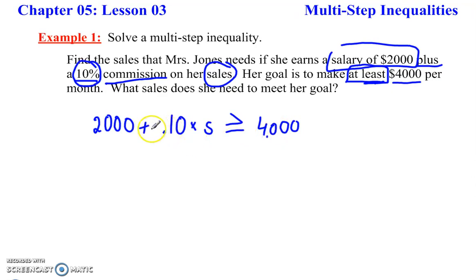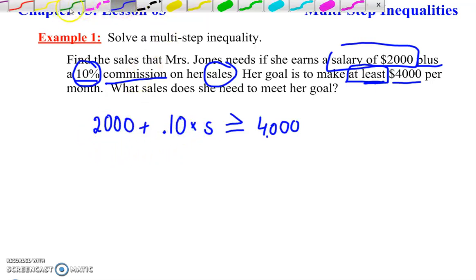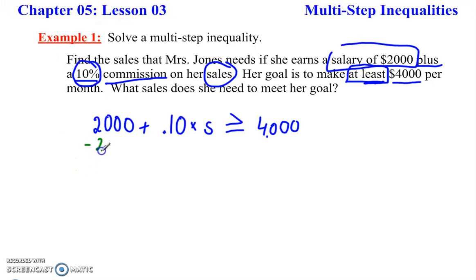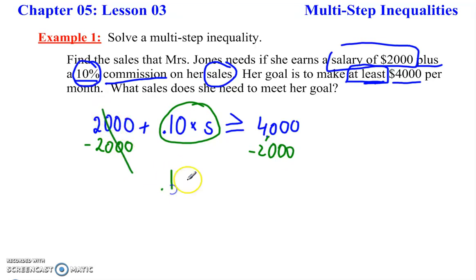Once we've set it up, now we have a multi-step inequality with addition and multiplication. So we first have to undo the addition, subtract 2,000 from each side because we want to get the 0.1s by itself. Subtract 2,000, and then we get 0.1s is greater than or equal to 2,000.